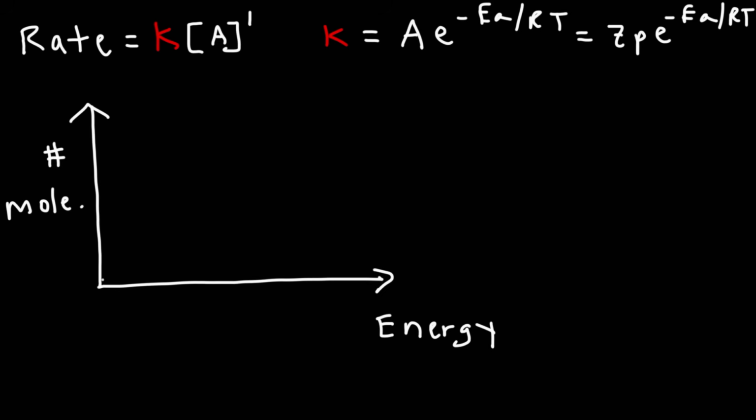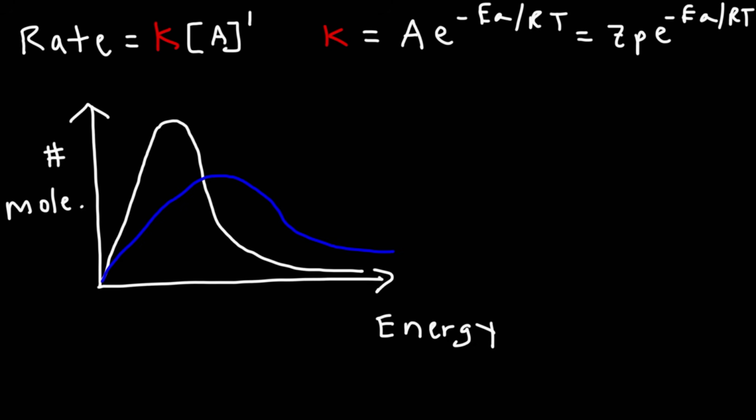And we're going to have two curves. One at a lower temperature, which we'll say looks something like this, and another curve, which I'll draw in blue, at a higher temperature. So this one will be, let's say, at a temperature of 300 Kelvin, and the other one will be at a higher temperature, we'll say at 500 Kelvin.